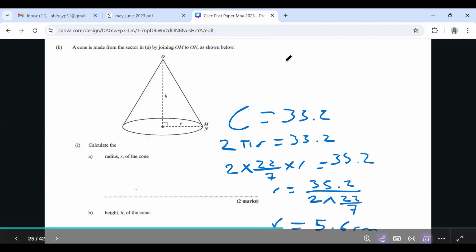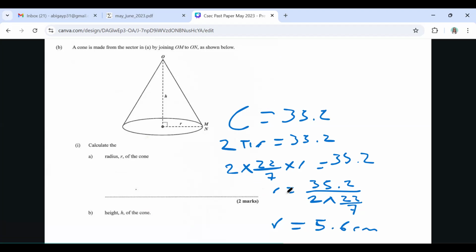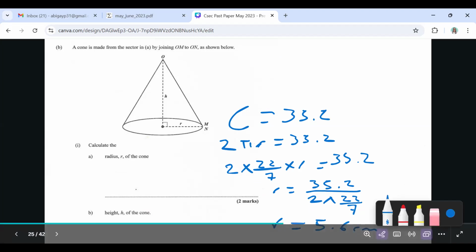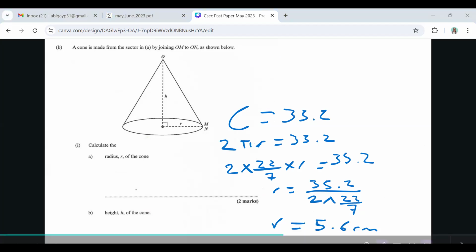All right. I think I'm going to need another page right here.